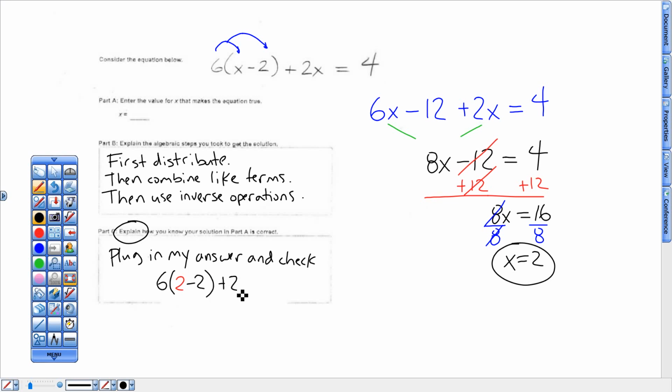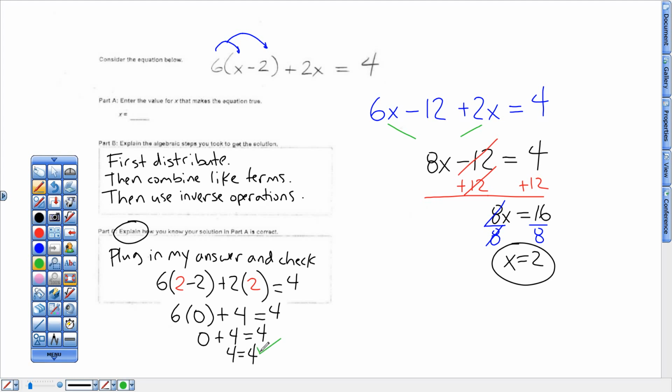Remember, everything stays as is. Even that 2 in front of that x stays the same. Only that x changes. That gives me 6 times 0, which some of you thought was 6. That is 0. So that is a true statement. 4 equals 4. That is true.